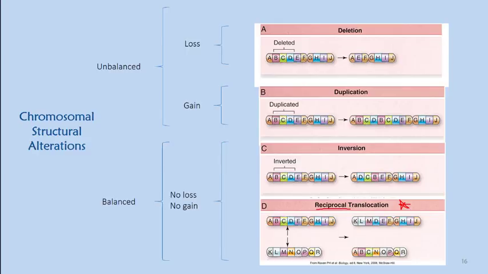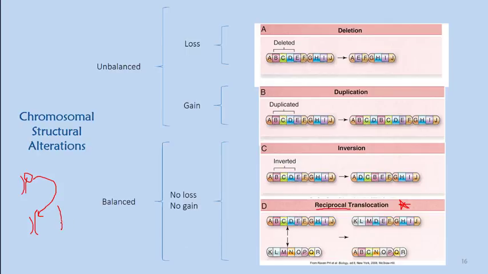So translocation refers to, think of it as moving from one area to another, but with reciprocal translocation, both chromosomes exchange their genetic material. So let's say, for example, we have this chromosome here and this chromosome here. If part of this chromosome breaks off and ends up joining in with this chromosome, that's called translocation.